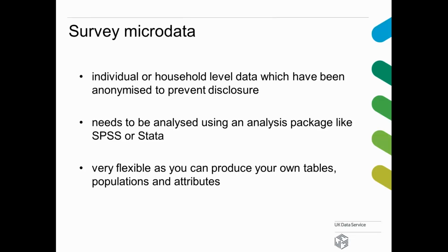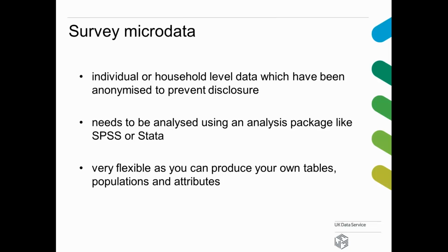These are individual or household level data which have been anonymised to prevent disclosure. By that we mean that it prevents any individuals or households from being identified from the data. These datasets need to be analysed using statistical analysis packages like SPSS or Stata, or increasingly more and more people are using R, for example.